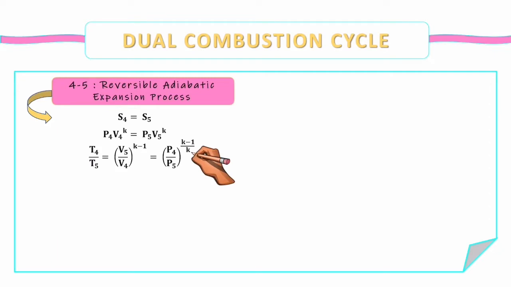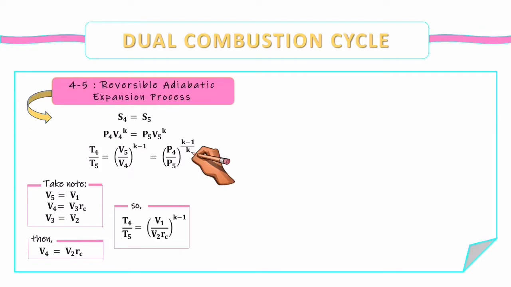Now, let me show you the derivation for the temperature at point 5. Take note that V5 is equal to V1, V4 is equal to V3 RC, and V3 is equal to V2. So V4 is equal to V2 RC.